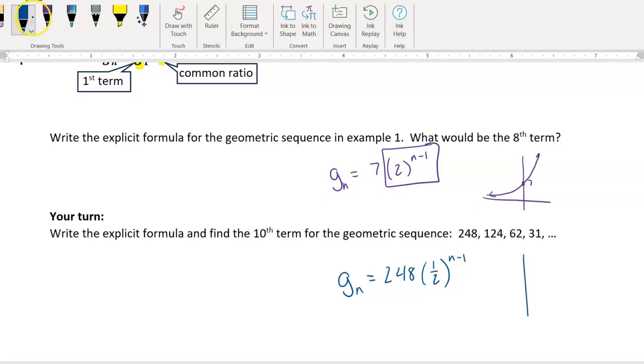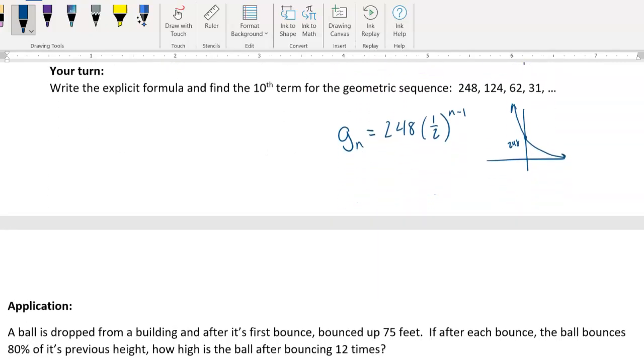Where this graph would be exponential decay with the y-intercept at 248, and would be going down from left to right. So that's the shape of these graphs. They are going to be exponential functions. So that's why we're talking about these now, and we didn't talk about geometric sequences earlier back in chapter 1.